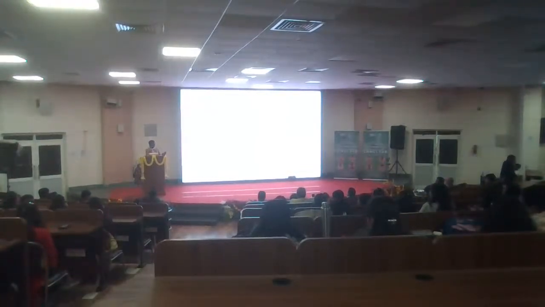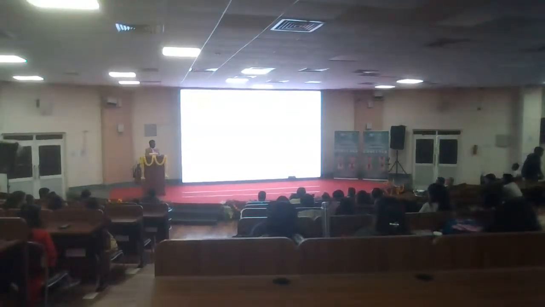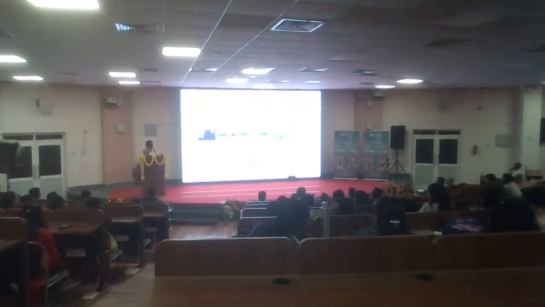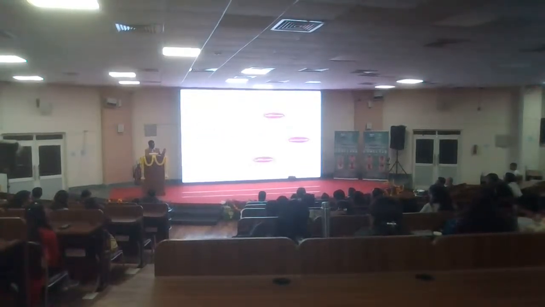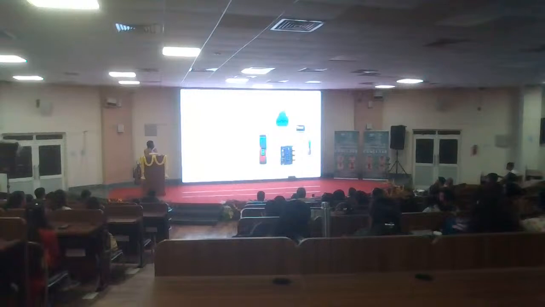I already mentioned what IoT is, so no need to explain. It's just things, anything you can connect to the internet. That is called IoT. These are the processes I have already mentioned, and of course the features of IoT, and this is how it works.